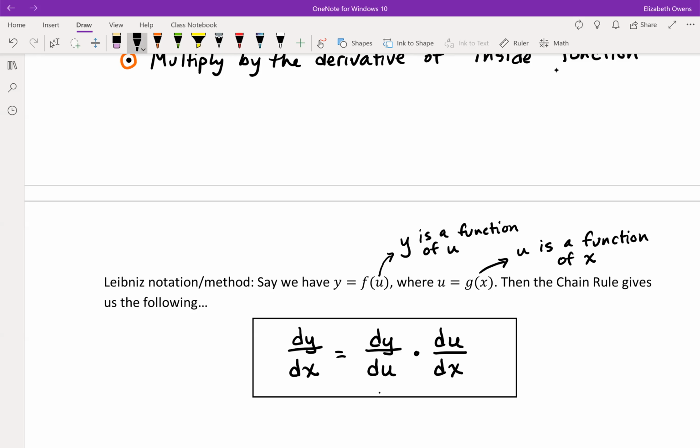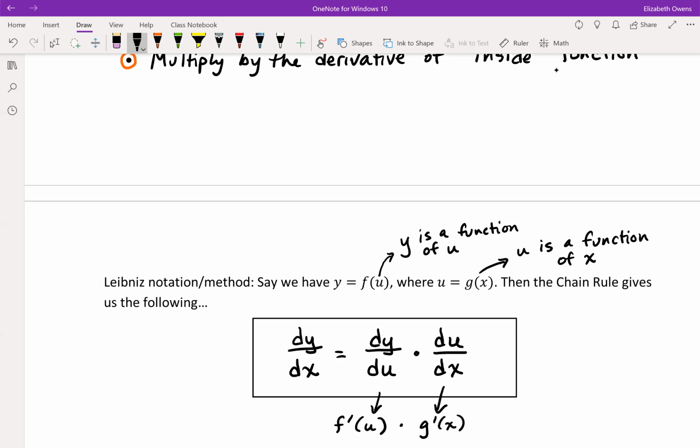And then du dx, well, u we're saying is g of x, so this is g prime of x.